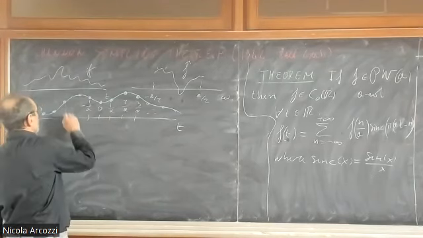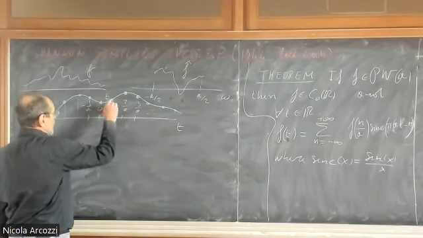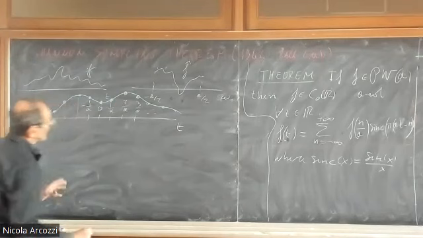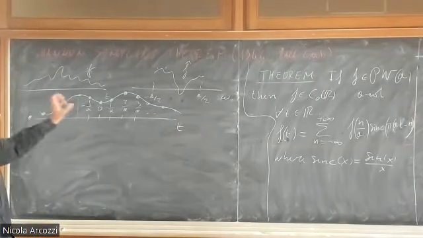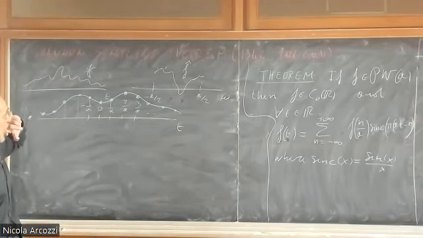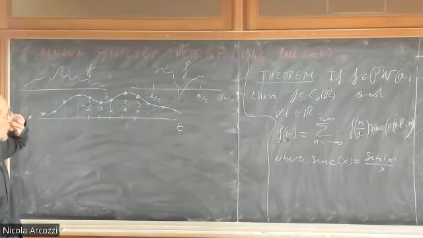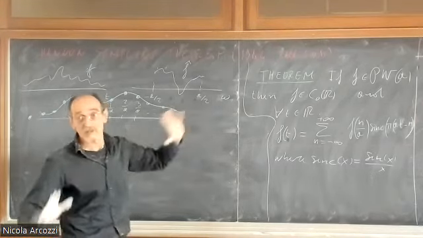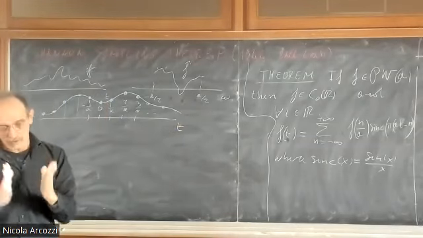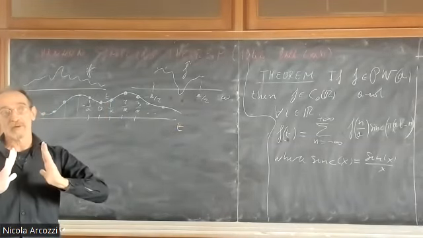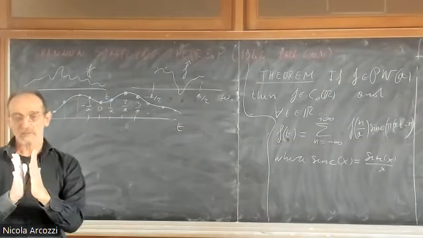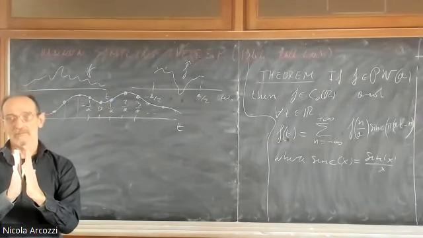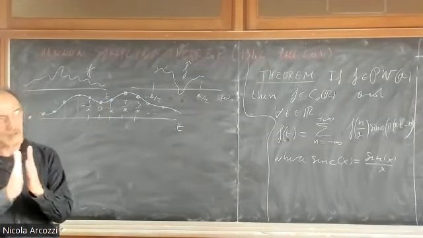Okay. And observe that if I consider a very small, then I have a lot of information about the frequencies. I said the frequencies are between here and here, so they are not spread all over.